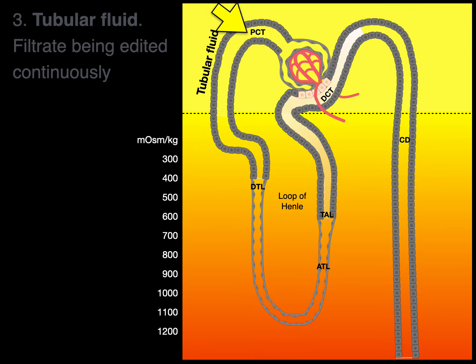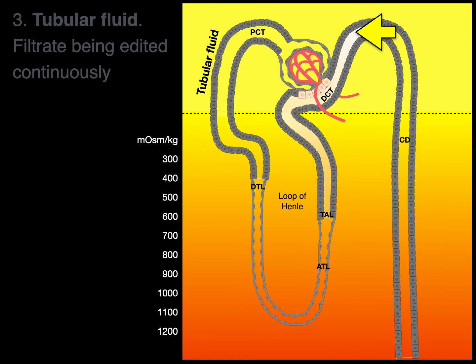Let's show that. So here, even just osmolarity, tubular fluid in the proximal convoluted tubule is about 300 milliosmoles per kilogram. Now watch as the tubular fluid descends down the descending thin limb, it concentrates to 1200 milliosmoles per kilogram. And then as the tubular fluid ascends in the thick ascending limb to the distal convoluted tubule, it starts becoming very dilute.